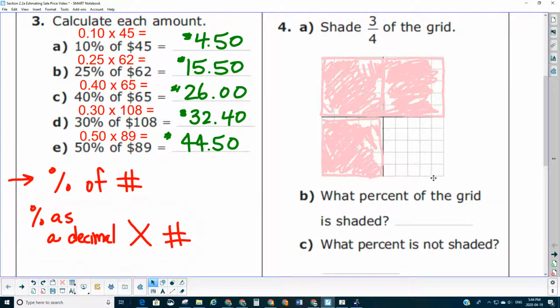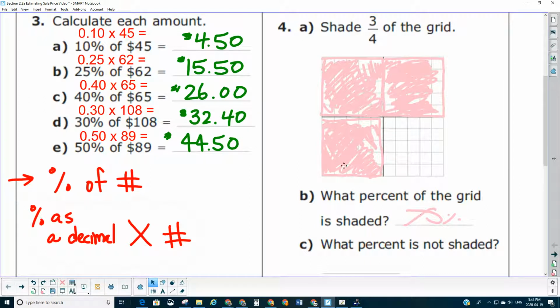Well, if you notice, these are all 1, 2, 3, 4, 5, 6, 7, 8, 9, 10, and 1, 2, 3, 4, 5, 6, 7, 8, 9, 10. So there's 100 grids here. And I've shaded in this much, this much, this much, 3/4 of it. I think that's 75% of it. That's 3/4, 75%. And I think we're pretty good at knowing that 3/4 is 75%.